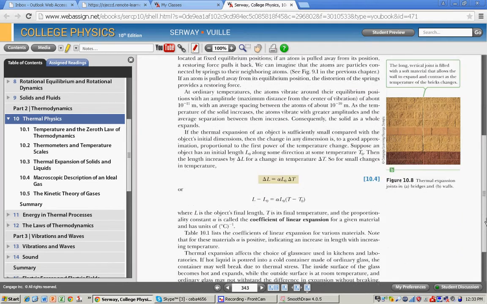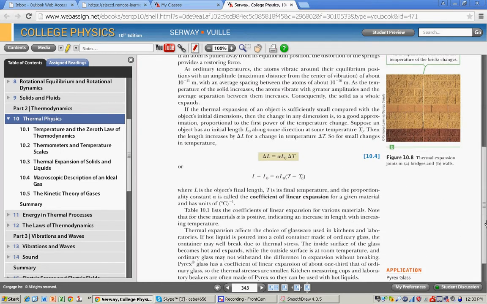And the last thing in this chapter, sections 10.4 and 10.5, is expansion, thermal expansion of materials. So if you have a rod that is, let's say, 1 meter in size, and you warm up this rod, the rod will expand.